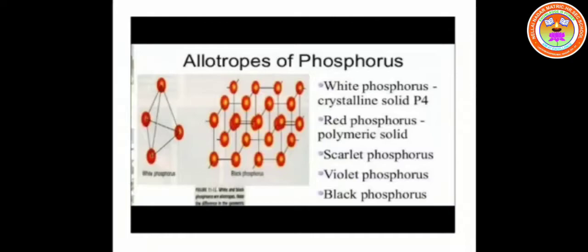As P4. It is polyatomic, or tetraatomic, in nature. P4 is the molecular state of the element phosphorus. The allotropes of phosphorus are white, red, black, scarlet and violet. So it has 5 allotropes.